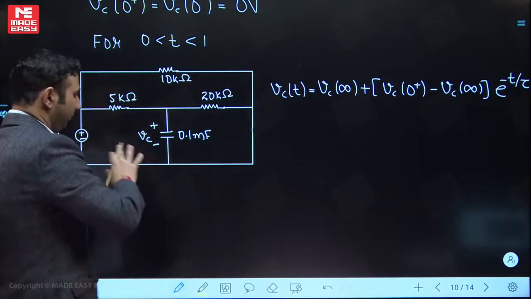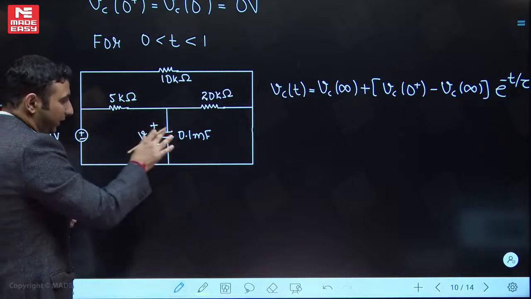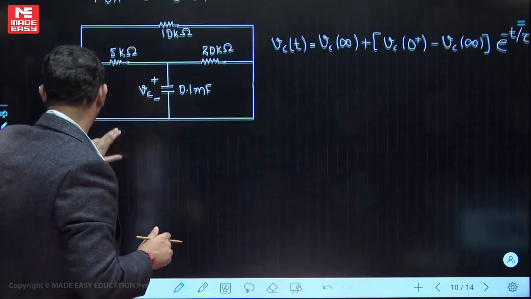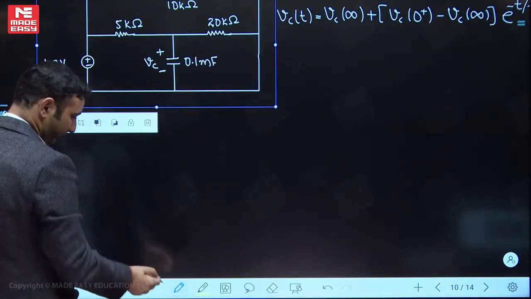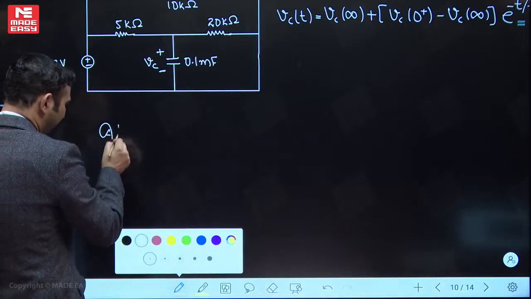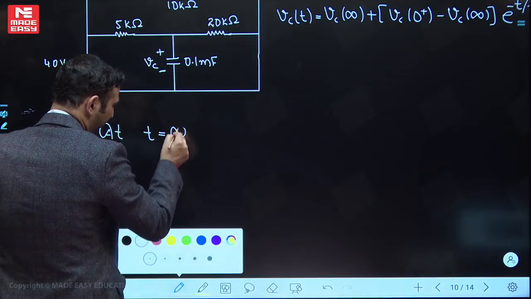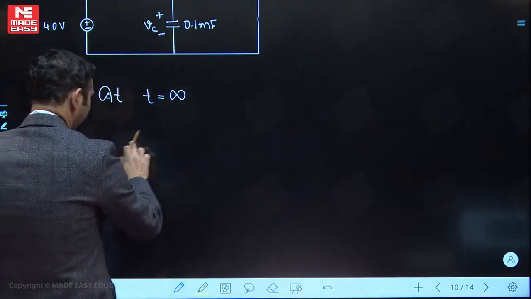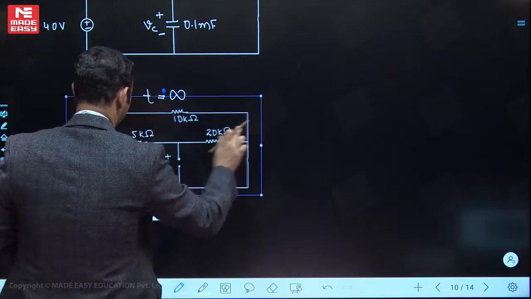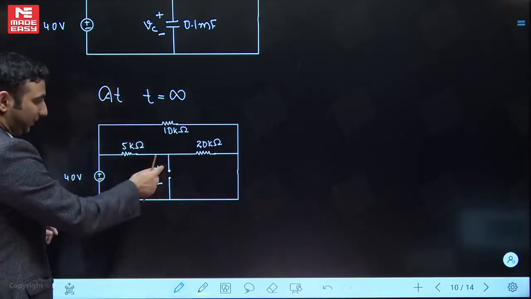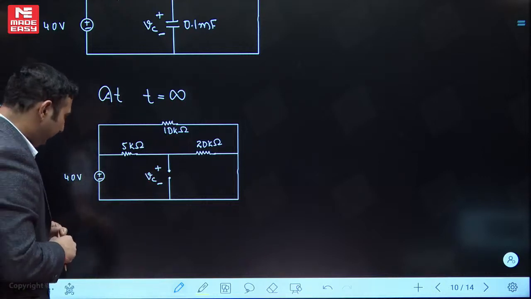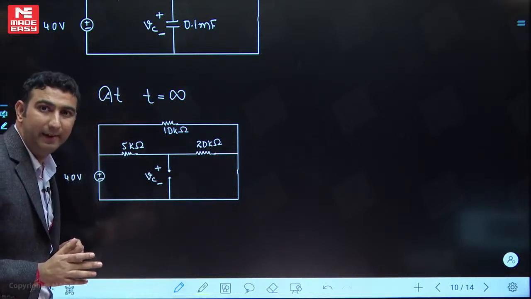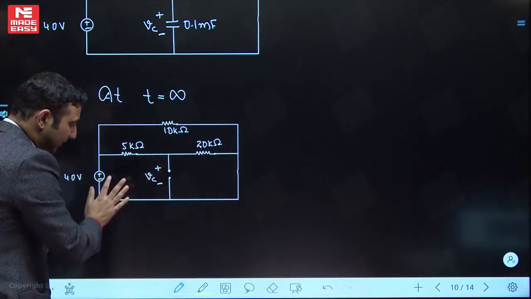When we go for the final value in the steady state, the DC source is replaced by an open circuit, with the capacitor open, at t equal to infinity. This is the circuit that we will be having. Can you see this branch and this branch are all connected in parallel? The open branch can be removed, so all three branches are in parallel.